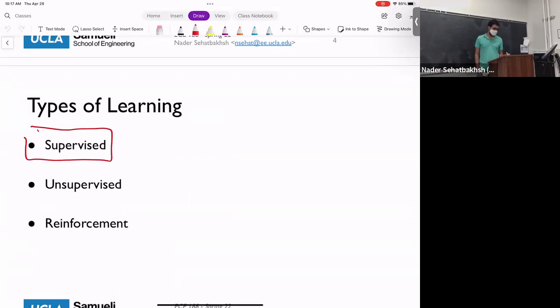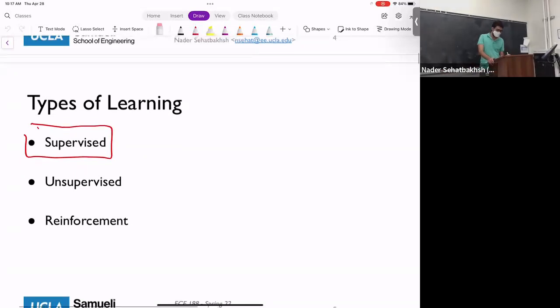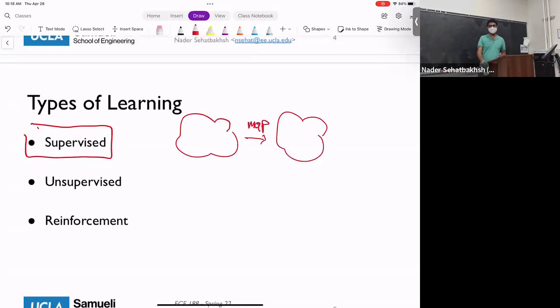So supervised learning is basically this problem of learning some sort of characteristics of the data and trying to map some input domain to some output domain. Supervised learning helps you with that. Usually with supervised learning, what you have is labeled data, so you know what your input and output is.